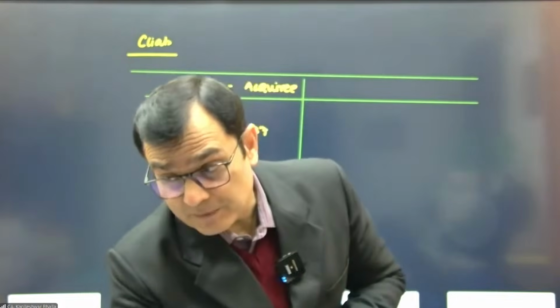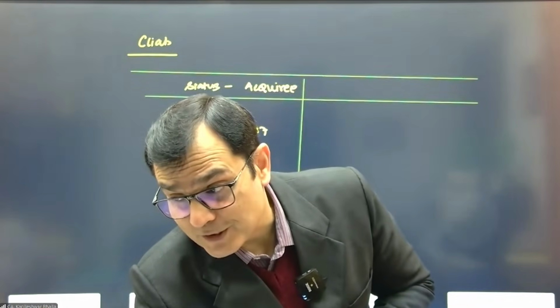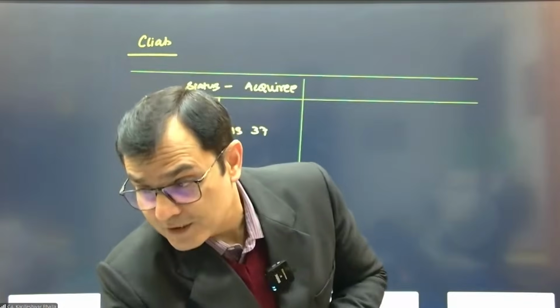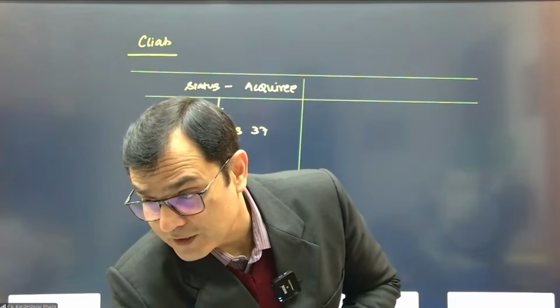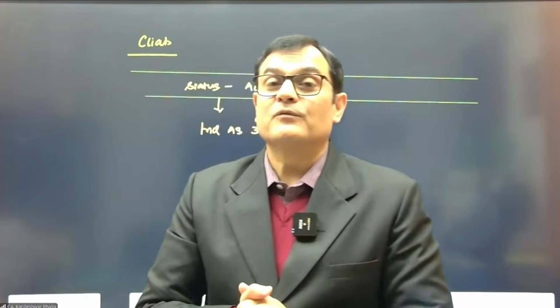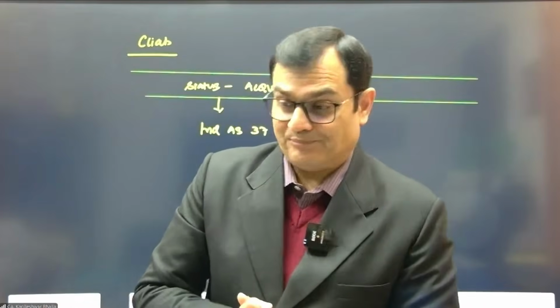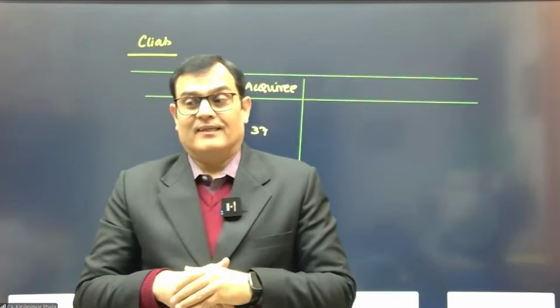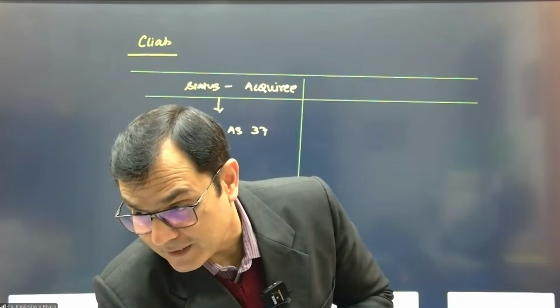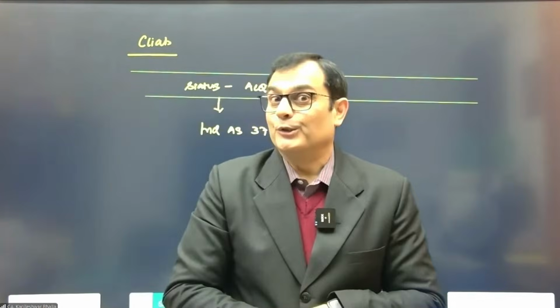What is the number of contingent liabilities which appear in the books of the acquirer where he would have applied Ind AS 37? Okay, I think I got some answers. Let me look at the answer. You said 1. No.